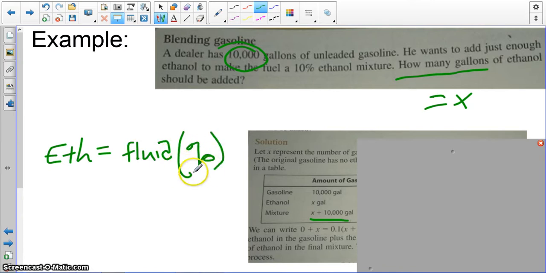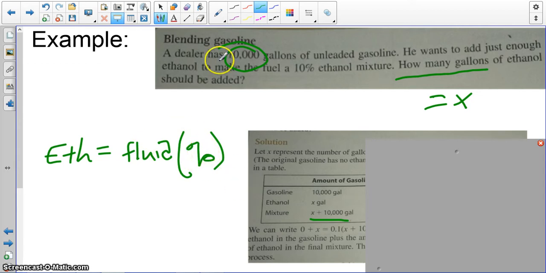We've got the amount of fluid, right? Their label is kind of wrong here, it says the amount of gasoline, which isn't really true. It's the amount of the mixture, I guess. Whatever the fluid is, that's this first column.